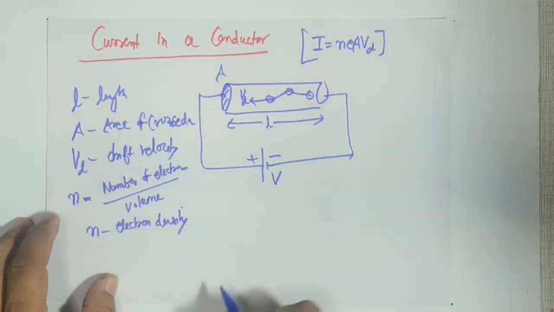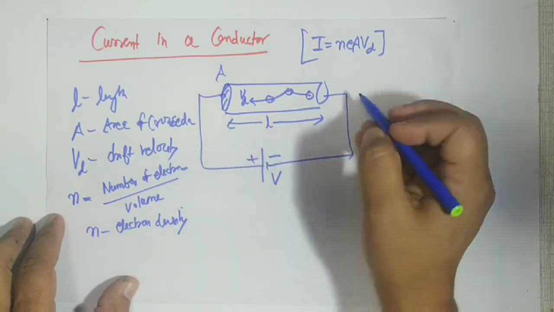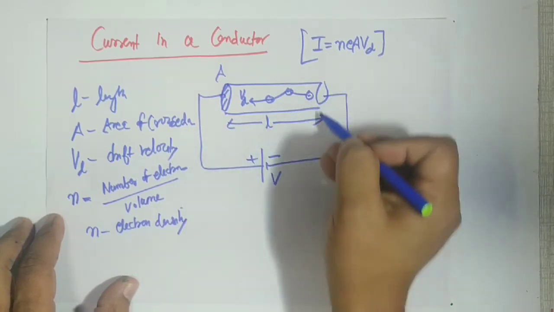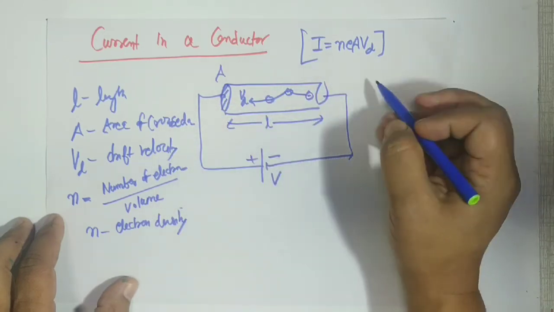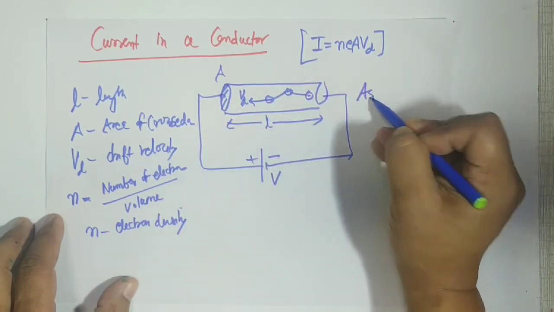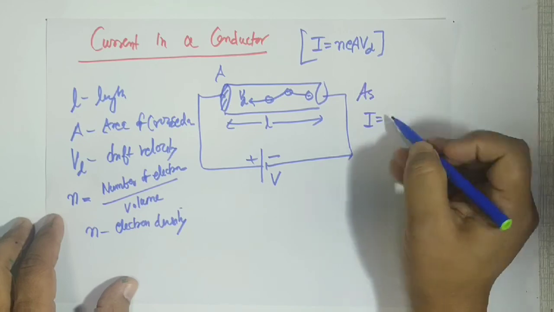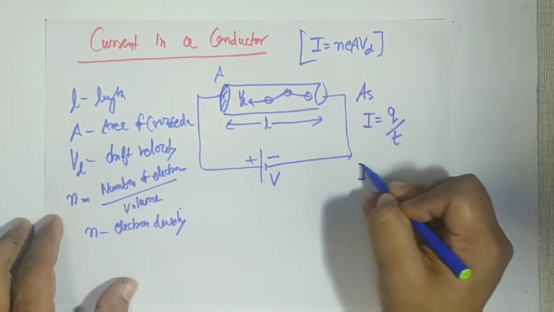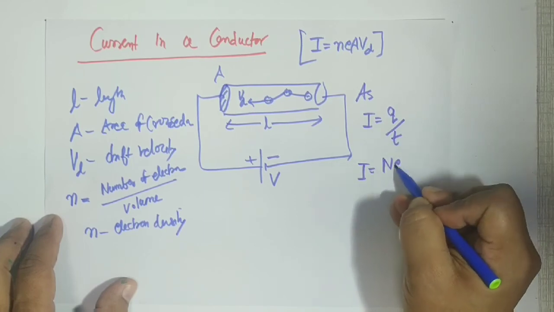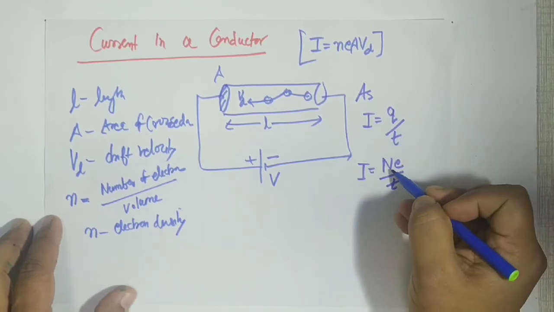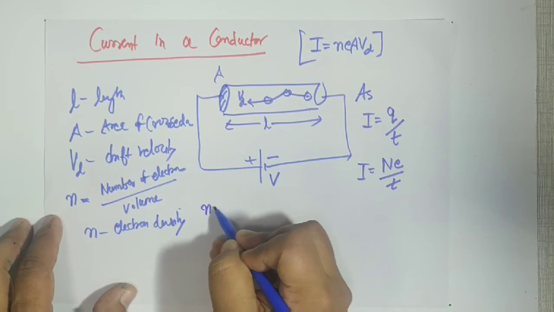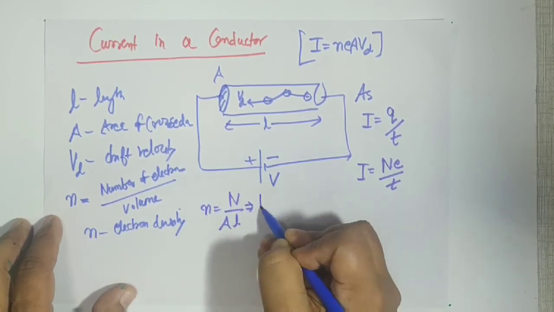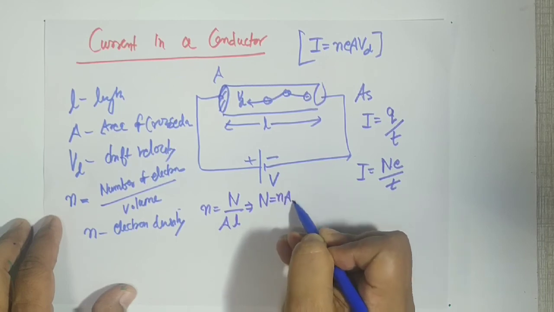So how do we find it? I is Q by T. What is Q? The number of electrons into the charge e. Small n is the number of electrons per unit volume, and the volume of the wire is A L. So the number of electrons will be nAL.